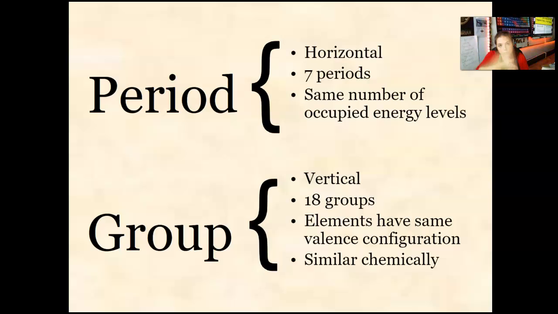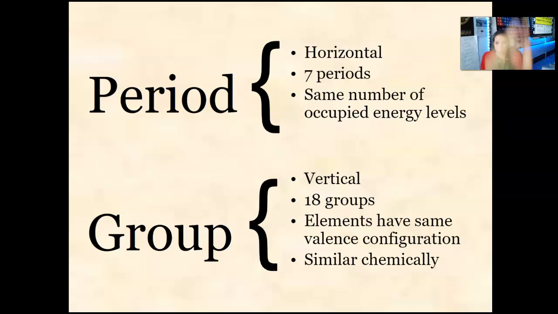Groups, however, those are the up and down. There's 18 of them. And in these, especially in the nonmetals and metals on the sides, not the transition metals, these elements tend to have the same valence configuration, meaning the valence shell has the same number of electrons going down the column.